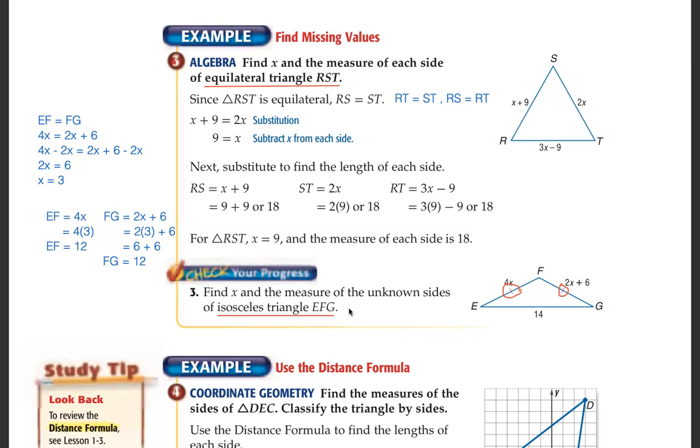Sometimes you're not given a statement that says EF is congruent to FG, but it would tell you that F is the vertex angle. When you say F is the vertex angle of an isosceles triangle, it means that F is the angle that holds the two equal sides. Here, EF and FG are equal, so the common letter is F. Since F is the common letter, angle F, or vertex F, is the vertex angle of isosceles triangle EFG.